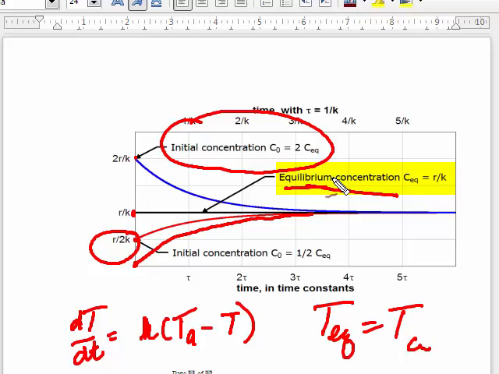So a more complicated model would model something else. But in the model that we have here, the equation that we have here, no, you will never cross over. You will always either asymptotically approach equilibrium from below, or the concentration in the blood will decrease as you asymptotically approach equilibrium from above.